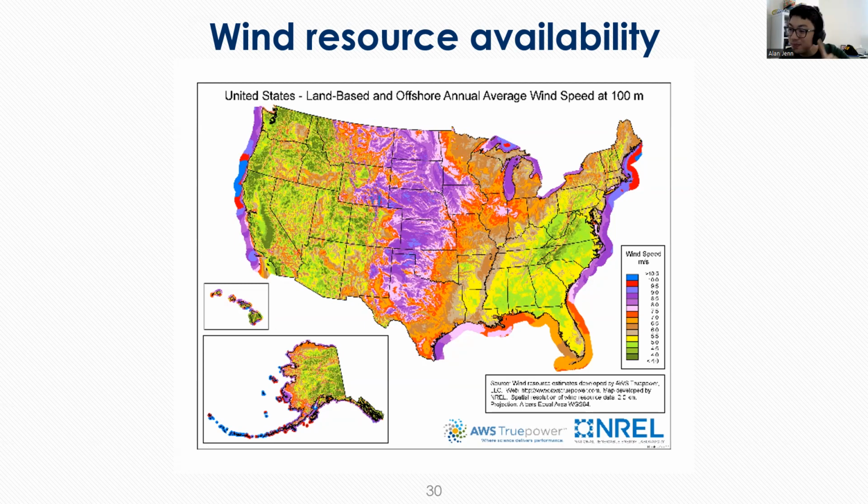There's also what's called offshore wind, which is if you build turbines in the water off the shore, hence the offshore. You can see that those resources are really, really high, particularly off Oregon, Northern California, and then out in the Northeast.